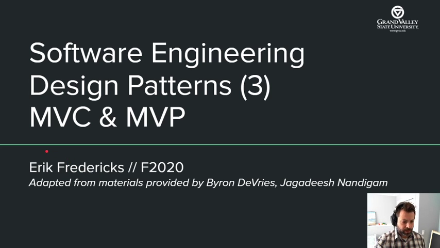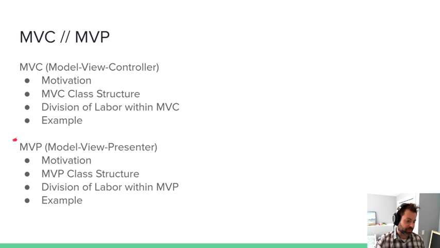So, what we're going to cover today is the model view controller pattern in a bit more detail. I know I talked about it briefly a few classes ago, but we're going to dig into it this time. We're also going to talk about model view presenter, which is less exciting than most valuable pattern. But basically, these are two sides of a very similar design pattern in a way.